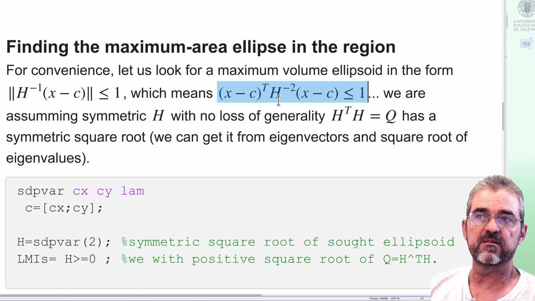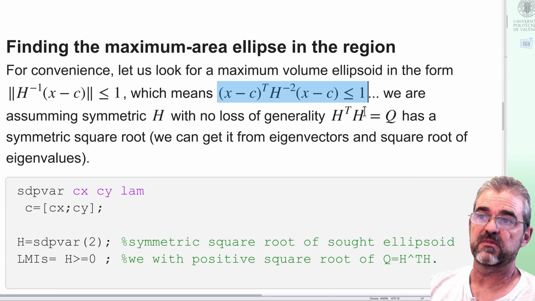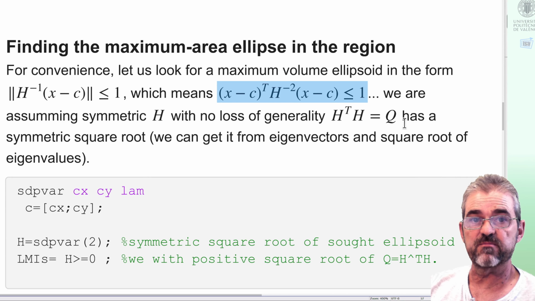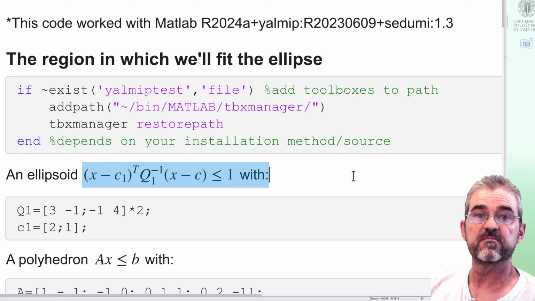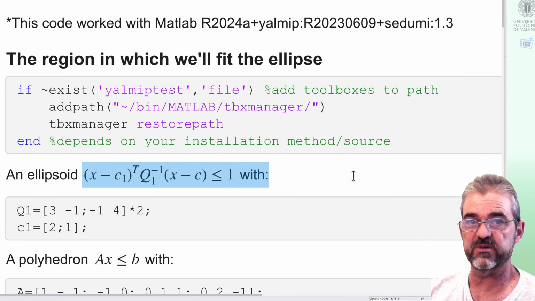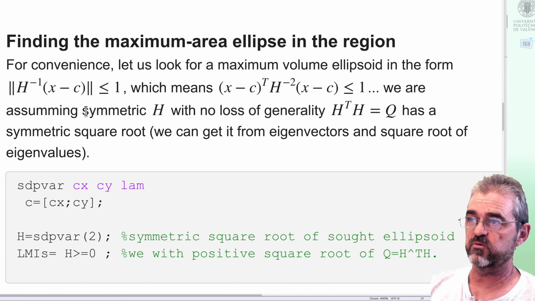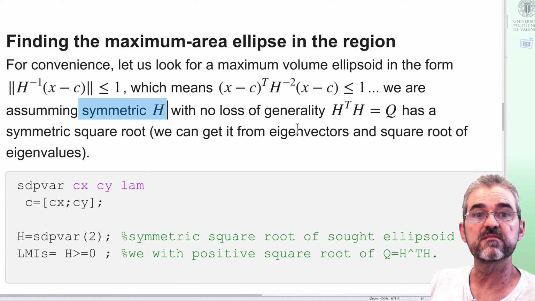Of course, this is the equivalent quadratic notation defining my ellipsoid, so that the shape matrix I named Q a few lines above, when I defined my ellipsoid, will be sort of H squared, because we will assume that H is also a symmetric positive definite matrix.